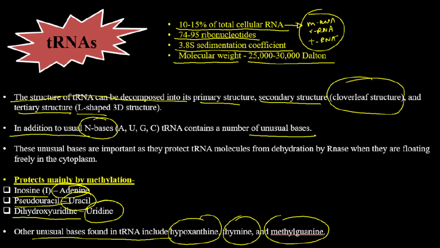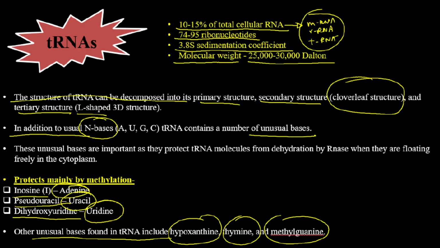This is just again some information about tRNA. The structure of tRNA can be decomposed into its primary structure, the secondary structure, the cloverleaf structure, and the tertiary structure, the L-shaped structure.